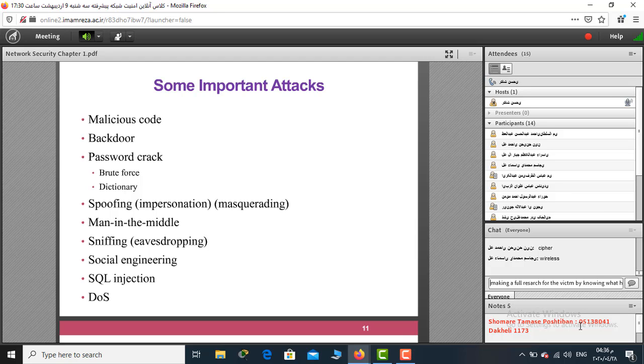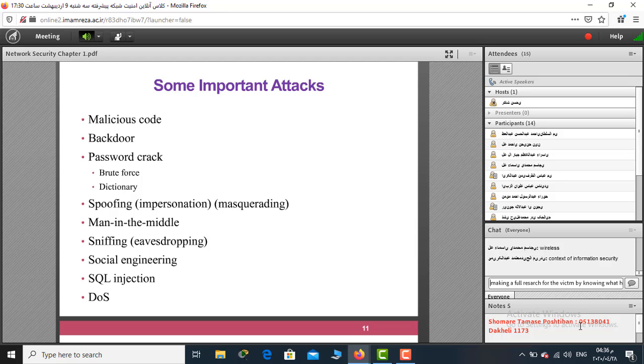Social engineering is a special kind of attack because it is not based on technical approaches but is based on psychological approaches.